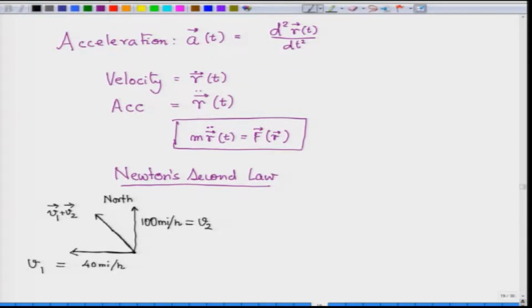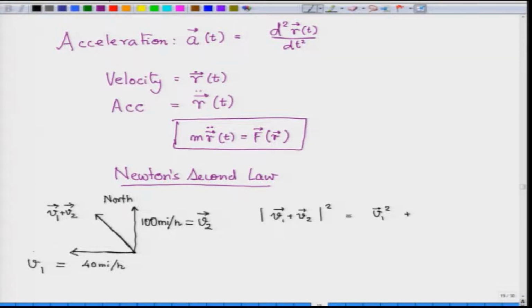So, this is an application of the ideas that we are discussing. You can easily figure out what this vector V1 plus V2 is. The square of this, by the law of Pythagoras, is V1 squared plus V2 squared.